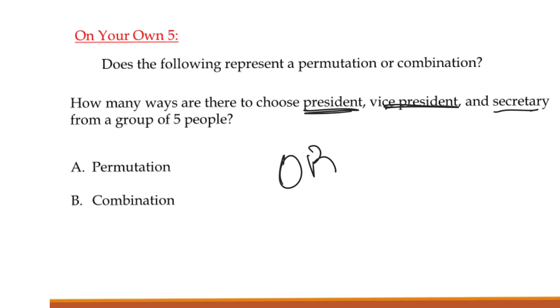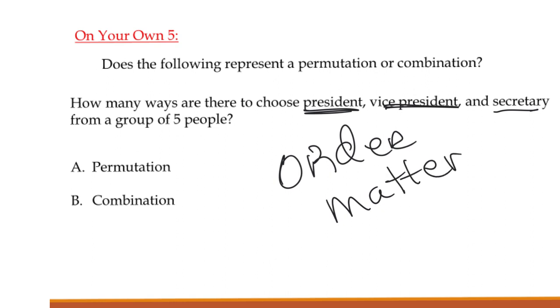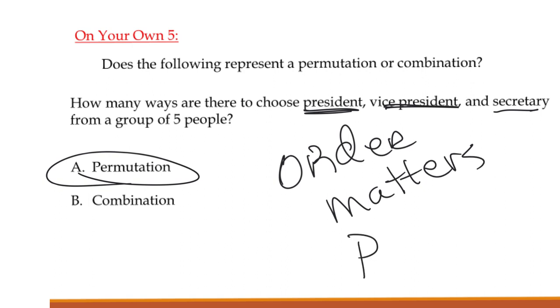Therefore, in this particular problem, order matters, and it would be a permutation. If we were evaluating this permutation, it would be capital P, and we would have n is a total of 5 people, and we are picking 3 officers. Therefore, it would be 5 permutation 3.